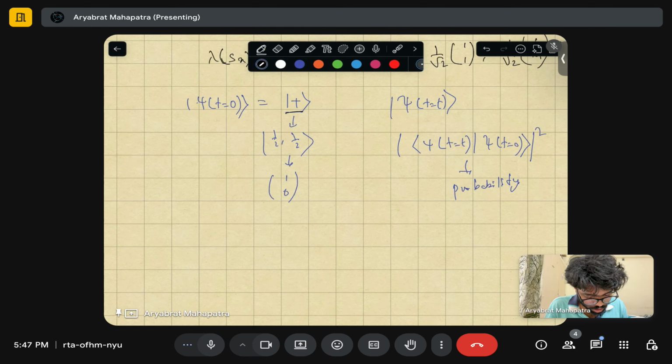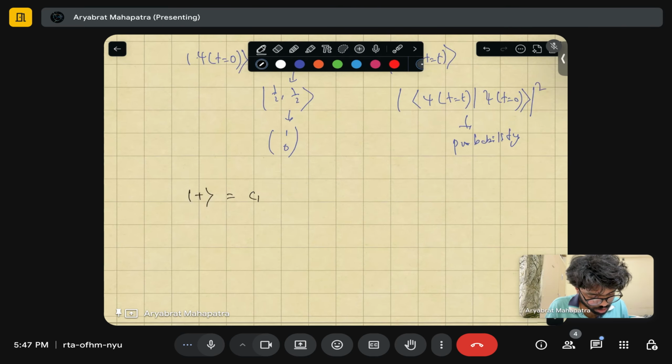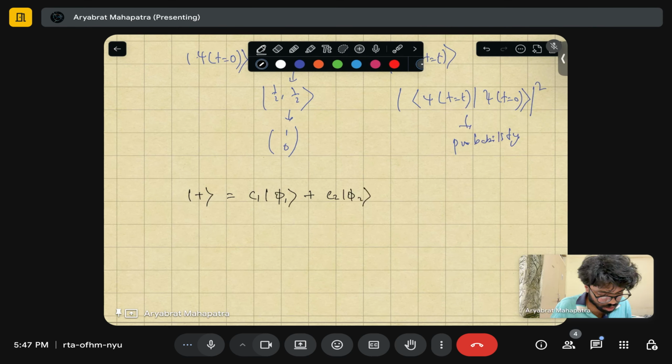I can write it as C1 phi 1 plus C2 phi 2, where this phi 1 and phi 2 are now eigenstates of Sy.